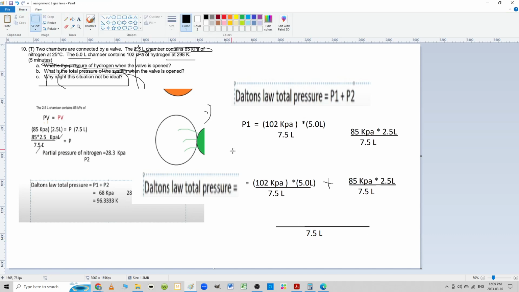So it's really this plus this. Also notice that the liters cancel. So really we're getting ratios, right? So that is also a way to figure it out.